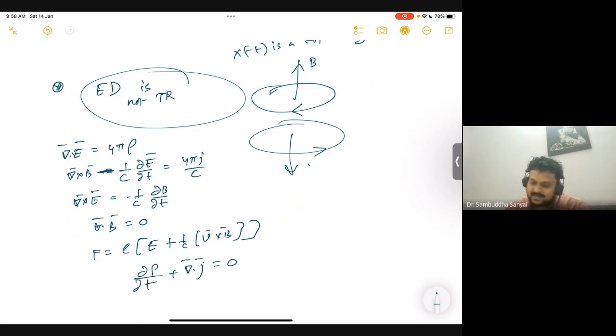So we will see that this law is intact. This law is also intact, because it will pick up a minus sign here, and the current is also opposite, right?